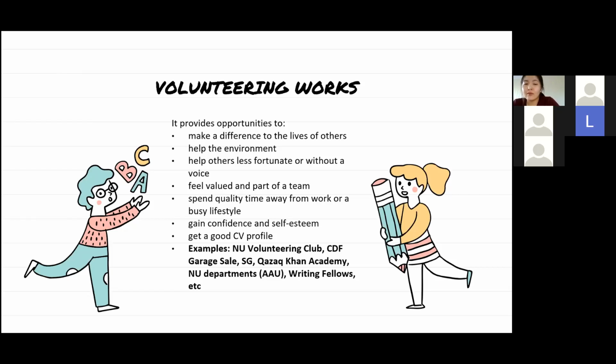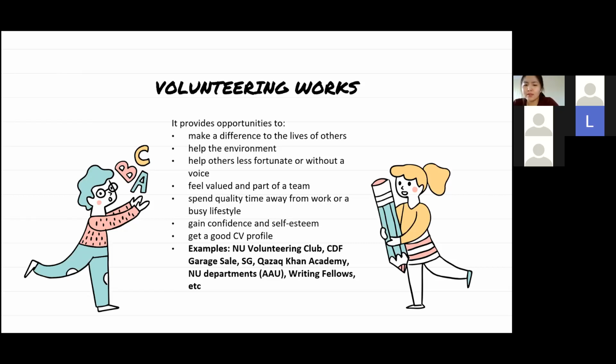As we know, volunteering works are welcomed in any entities where you are applying. So here are some examples where you can get this volunteering work. Is a new volunteering club. Of course, you should always follow their emails.